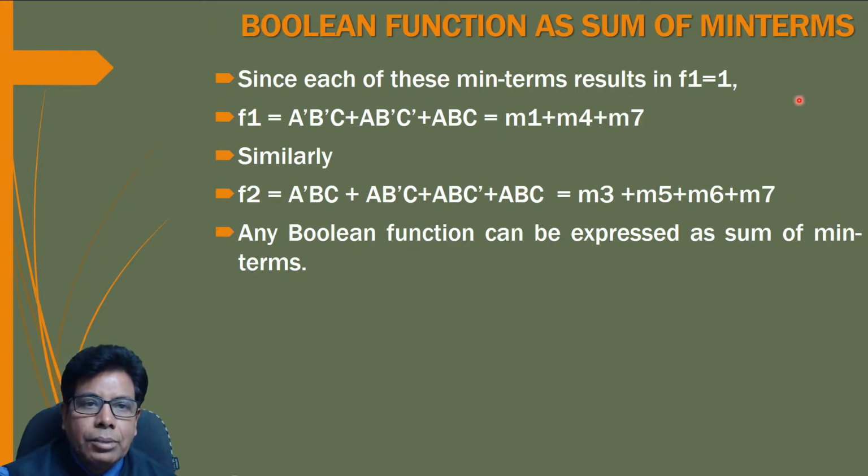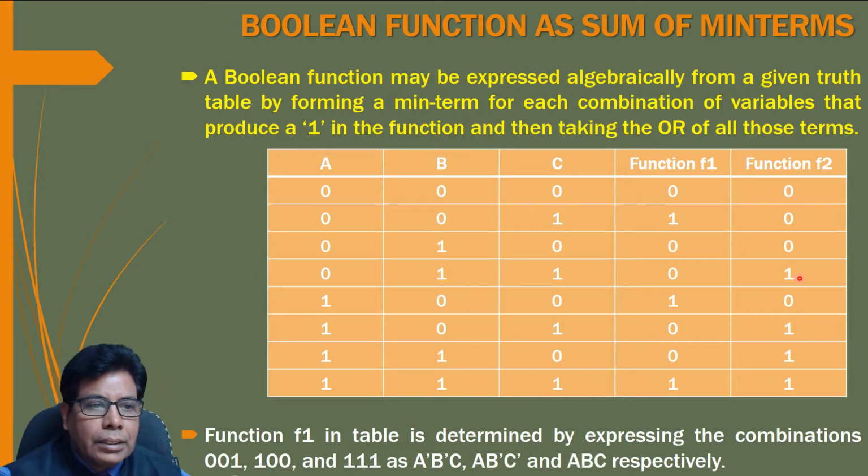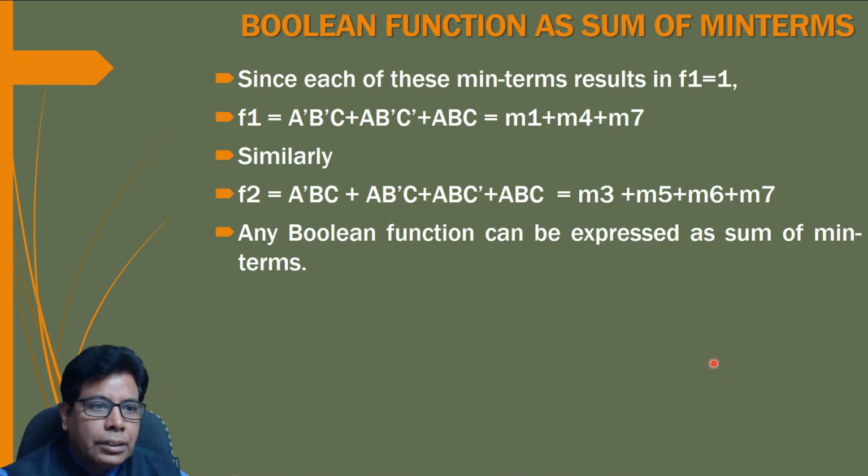So this is for the minterms. Similarly, we can go for the second function, f2. Here it is 1 for 0 1 1, that is 3, then for 5, 6 and 7, so we can represent it in this way: 0 1 1, then 1 0 1, 1 1 0, 1 1 1, like this.